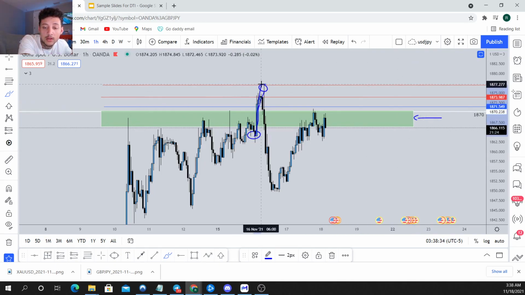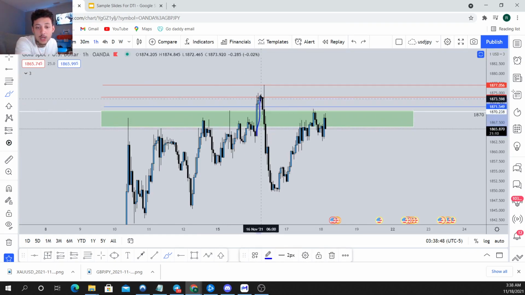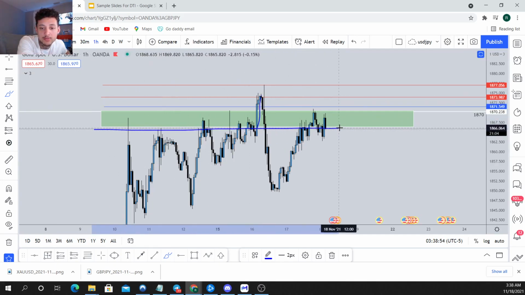So the majority of people that sold got stuck in this stop hunt and got taken out of their sell positions. At the same time, they're triggering a bunch of buy stops, meaning that if they entered buy stops here, their stop loss for the buy is probably going to be around this blue level.